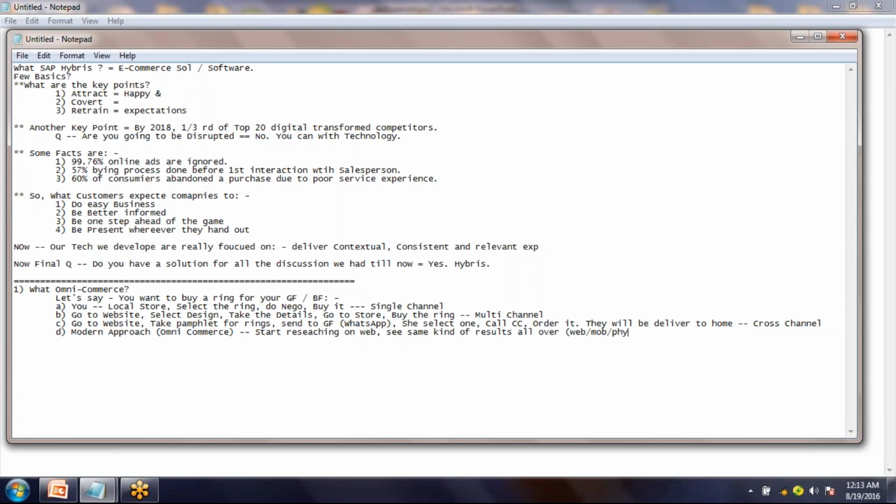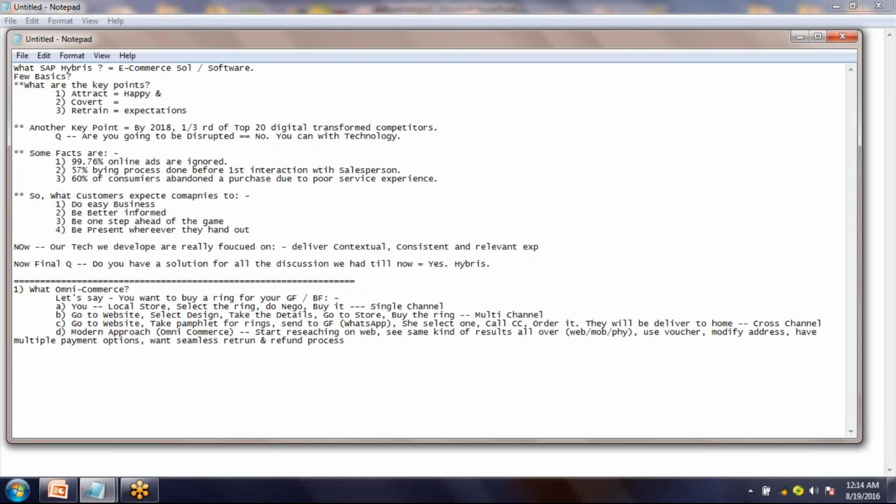Maybe mobile or web or physically. Okay, then use vouchers, because you will have Amazon vouchers, you will have Flipkart vouchers, like that. Use vouchers. Then modify the address. Have multiple payment options. Then you want a seamless return and refund process.